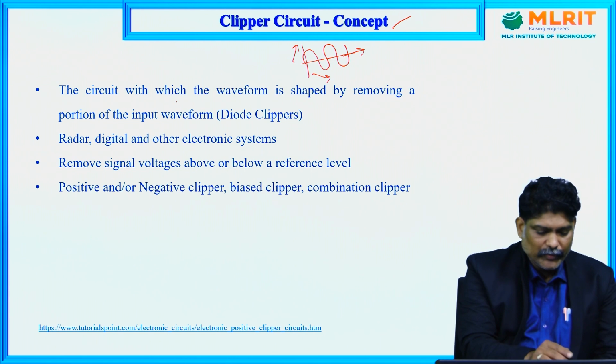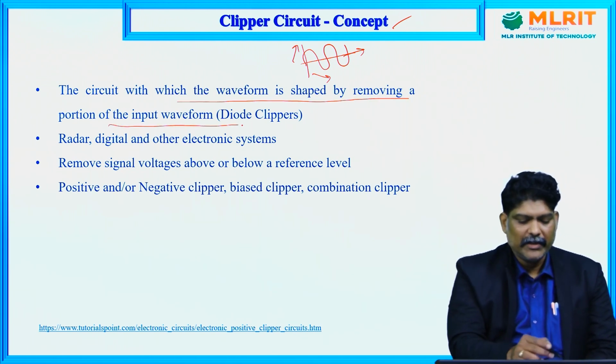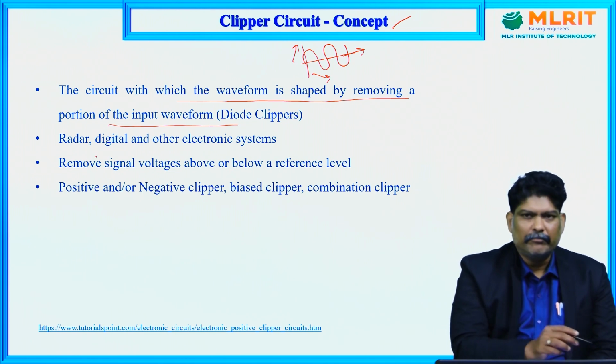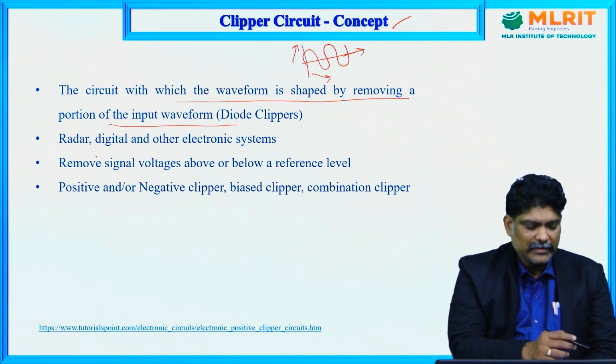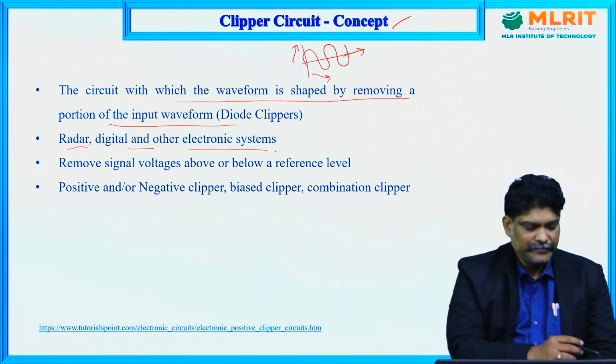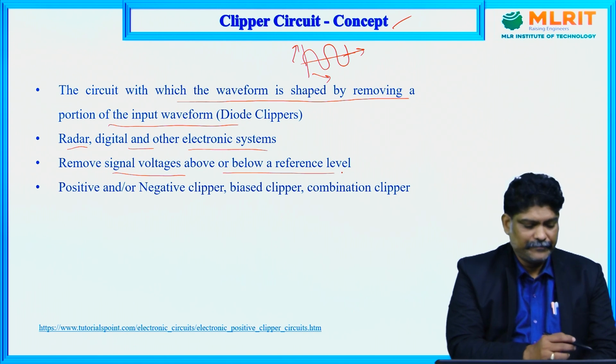The circuit with which a waveform is shaped by removing a portion of the input waveform, those are diode clippers. The applications of these clippers are radar, digital and other electronic systems. They remove signal voltages above or below a reference level.